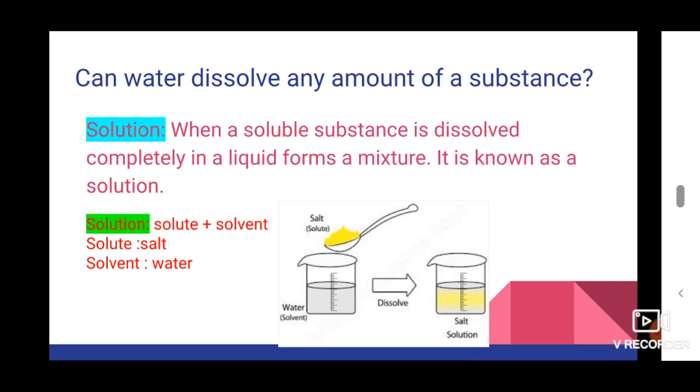What happens if we continuously add the salt into the water? At one stage, the salt will settle down. Even after stirring, it won't dissolve in the water. That kind of solution is known as a saturated solution.